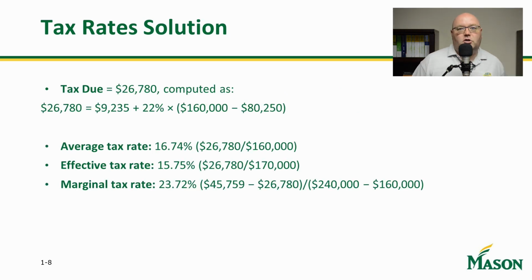And so the solution is tax due is going to be computed as follows. You'll notice that some books do it a little differently. Some tax rates will actually use the formula you see on the screen. There's actually a different number that they use in this book here, and if we ever meet in person, I'll be happy to show you this.